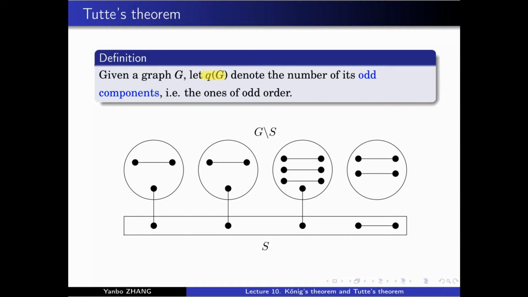Given a graph G, let q(G) denote the number of its odd components, that is, the ones of odd order. An odd component is a component which has an odd number of vertices.